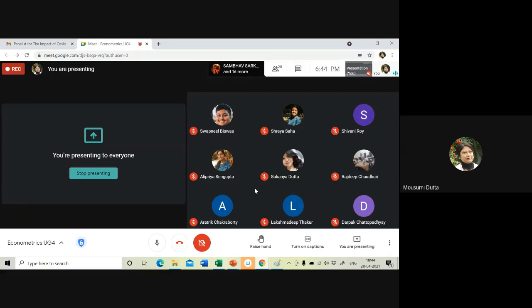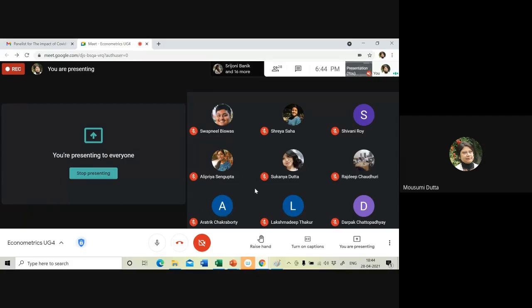So ui hat is the notation for the residuals. Generally, what is our symbol? Yeah, we use ei. So this ui hat is similar to ei.